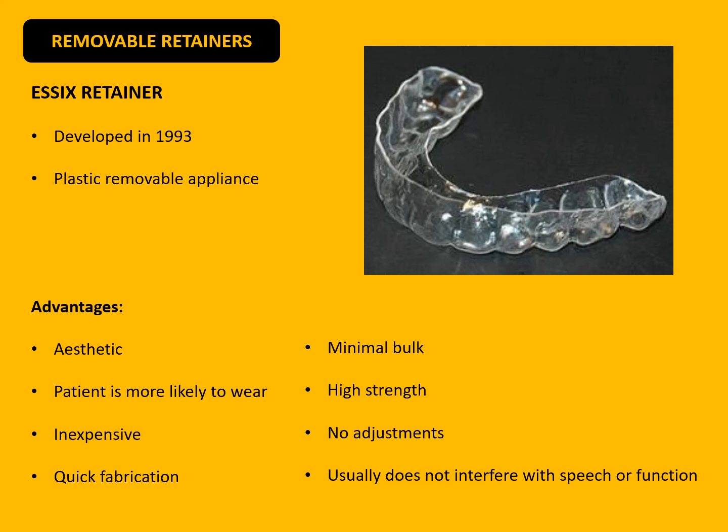It takes around 10 minutes for the machine to compress the vacuum formed retainer, and it takes another 15 to 20 minutes for you to finish and smoothen the edges. It is less bulky, it has good strength, and it can withstand forces, and no adjustments are needed, and usually will not interfere with speech or function.